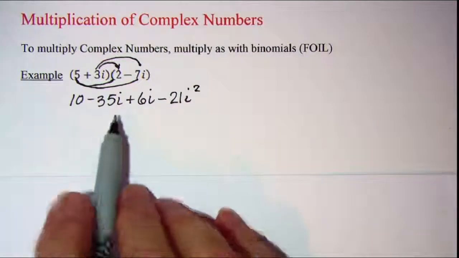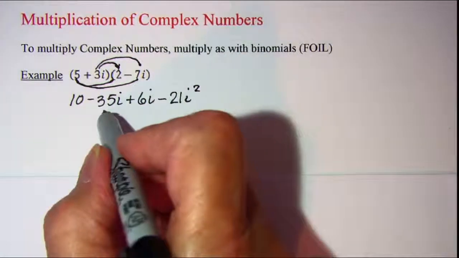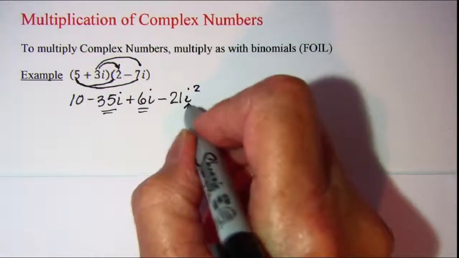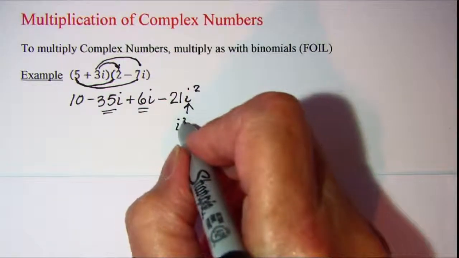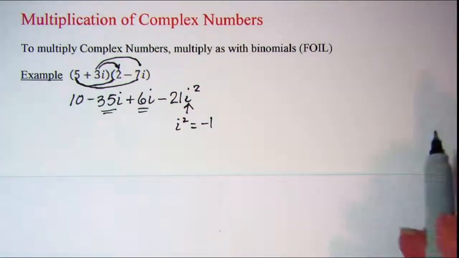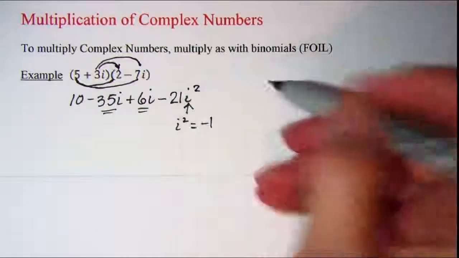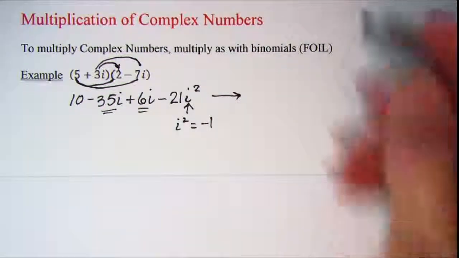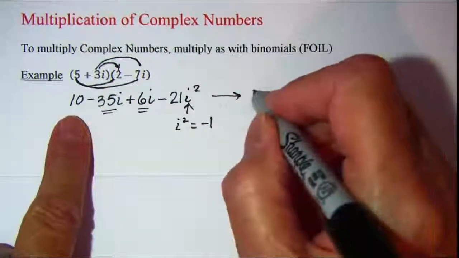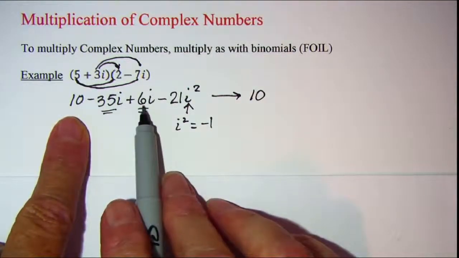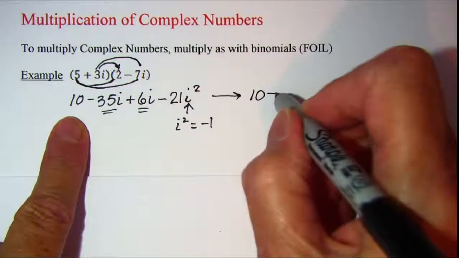Now there's a few things we can do here. We can combine like terms, and we know that i squared is the same as negative 1 by definition. So this expression simplifies to 10, and then negative 35 plus 6 is a negative 29i.